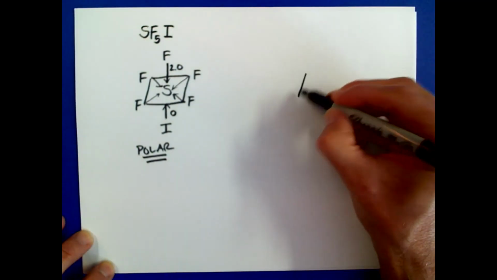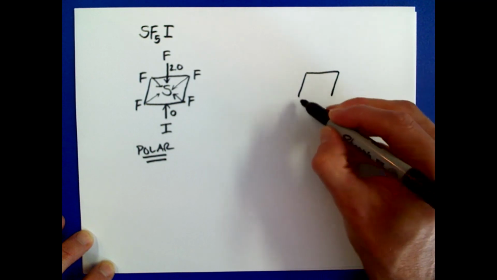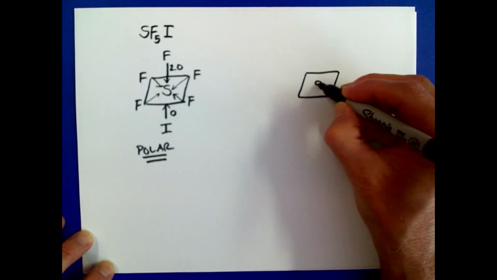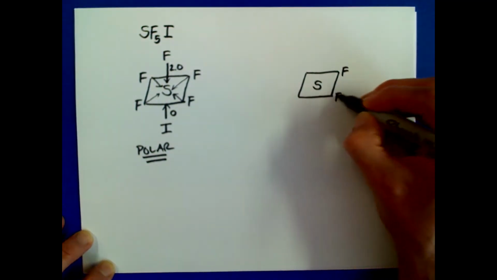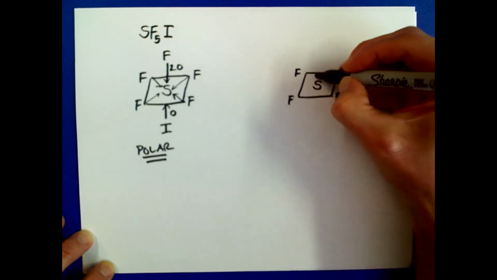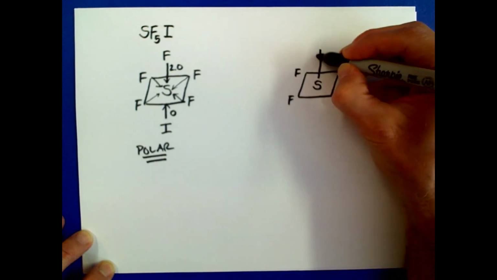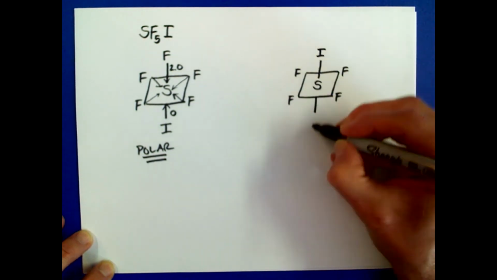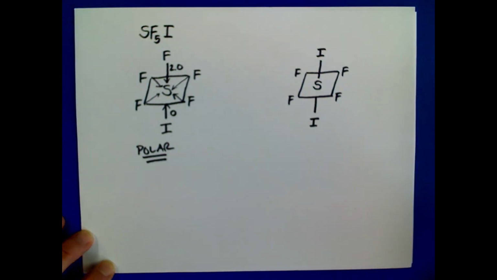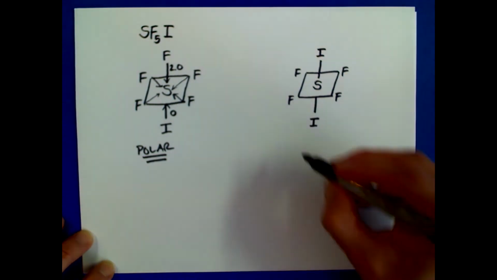All right, let's try to trick you here then. What do you think this one's going to be? All right, we're going to put 4 fluorines here. And in this case, we're going to stick an iodine here, and we're going to stick an iodine here. Polar or nonpolar? I hope you guessed nonpolar.